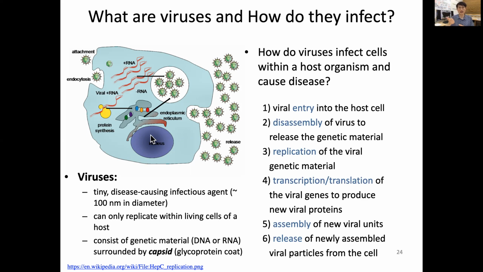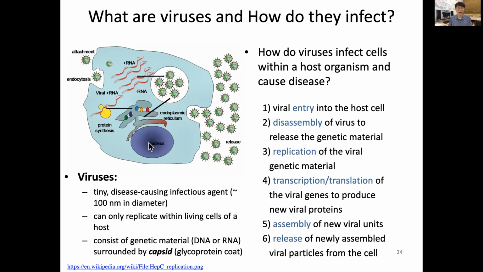HIV is an RNA virus, but somehow it puts its RNA into the DNA of the host genome, which is only possible by converting RNA into DNA. People figured out this virus actually contains reverse transcriptase, which causes reverse transcription of RNA into DNA so that the virus can integrate into the host genome.